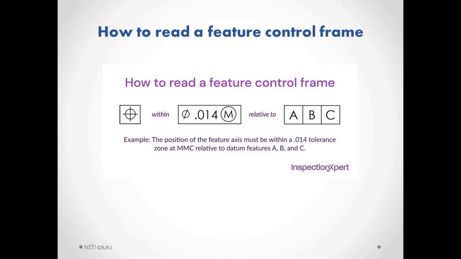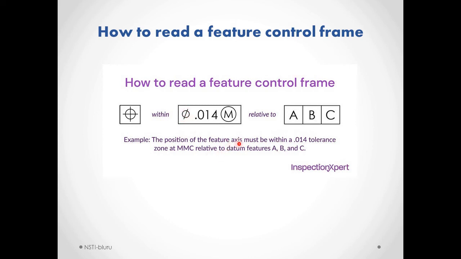There is a feature symbol which is given here, and also the tolerance value compartment with the value, and the third compartment. So you should know this is a position symbol, which comes under the location tolerance. So the position of the feature axis, because we have given a diametrical symbol here, so a diametrical zone.